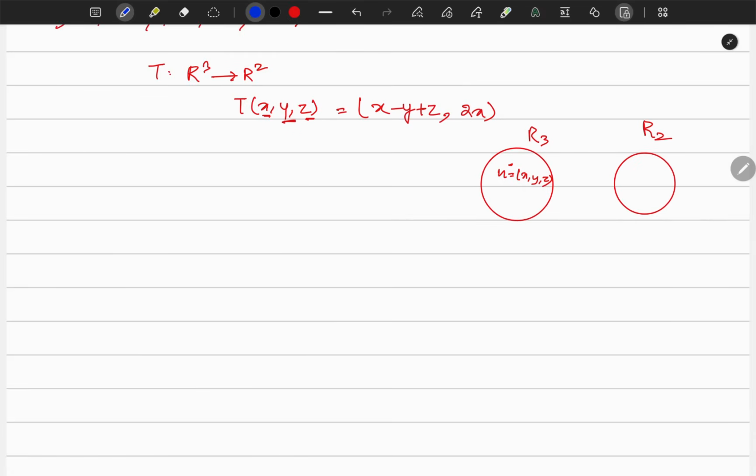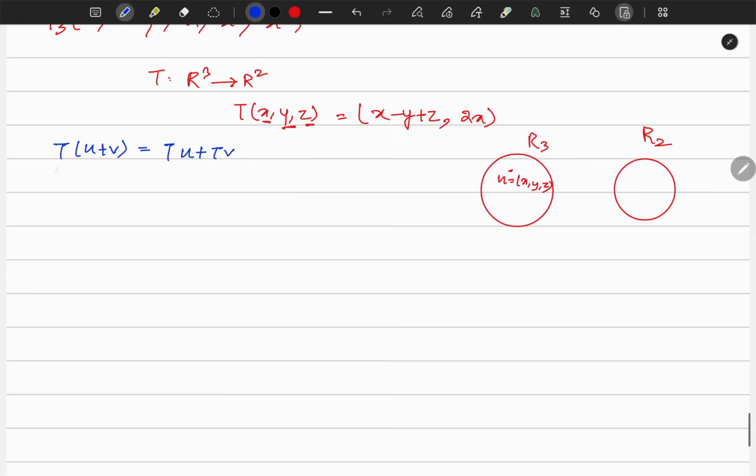You have 2 ways: either you go in 2 steps or in 1 step. In the 2 steps, you have to check T of u plus v should be equal to T of u plus T of v, where u and v are 2 vectors from R3, and the second step will be T of alpha u will be equal to alpha times T of u.